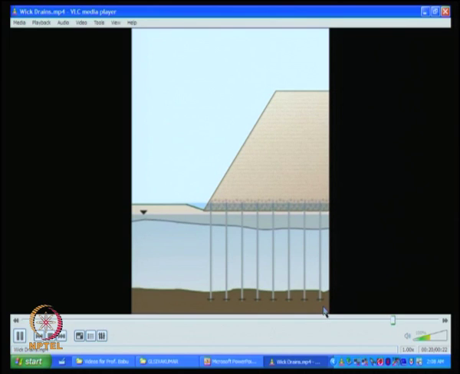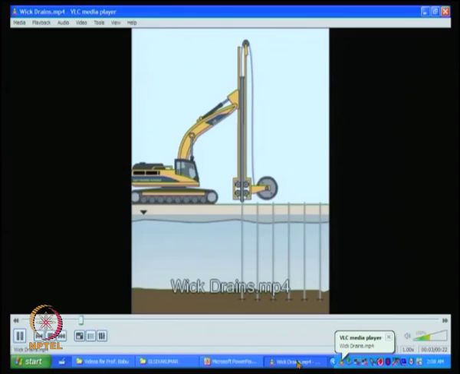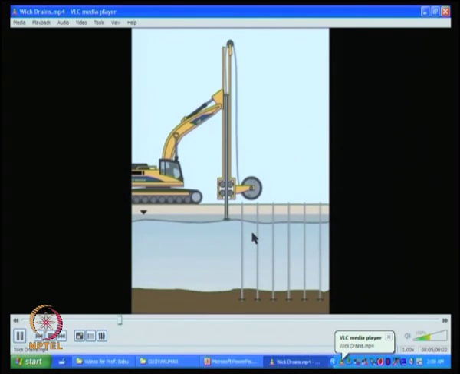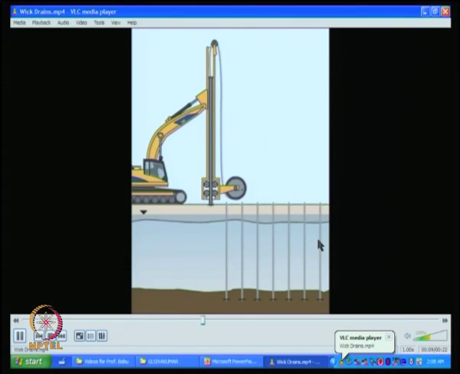This could be the heavy embankment of 5 to 10 meters, not about 5 meters, you can say that, and you can see it once again like a series of prefabricated verticals are done or installed actually in the field.